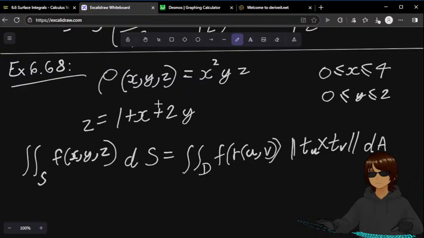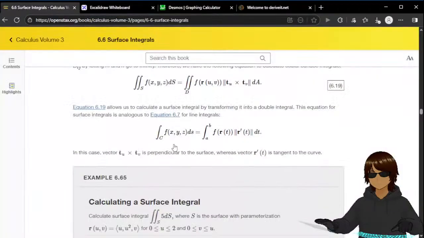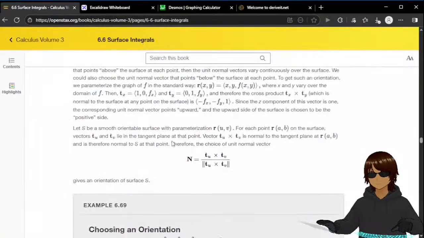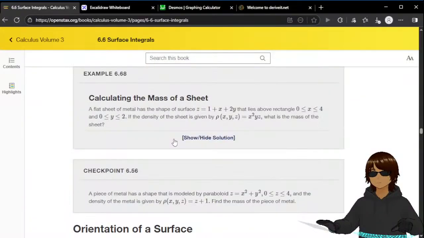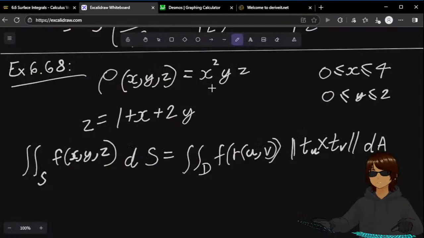So z is this. Rho is this. Rho is the function, right? Rho is equal to x, y, z.